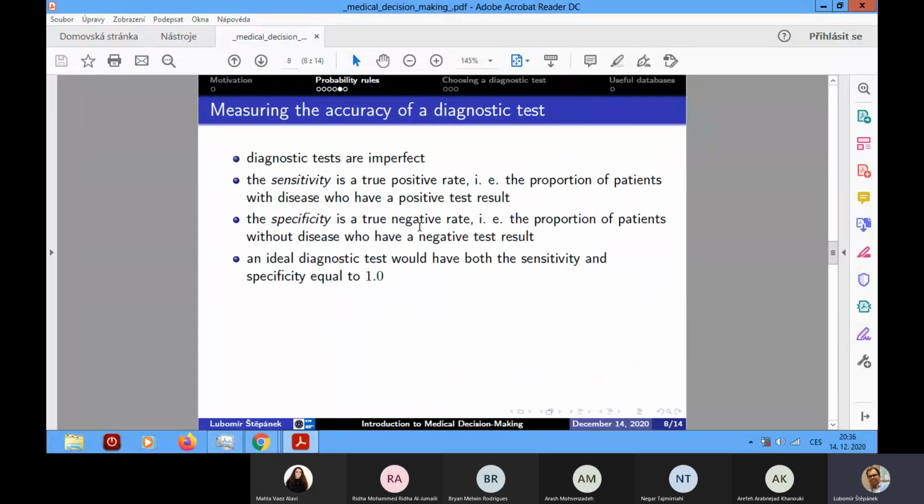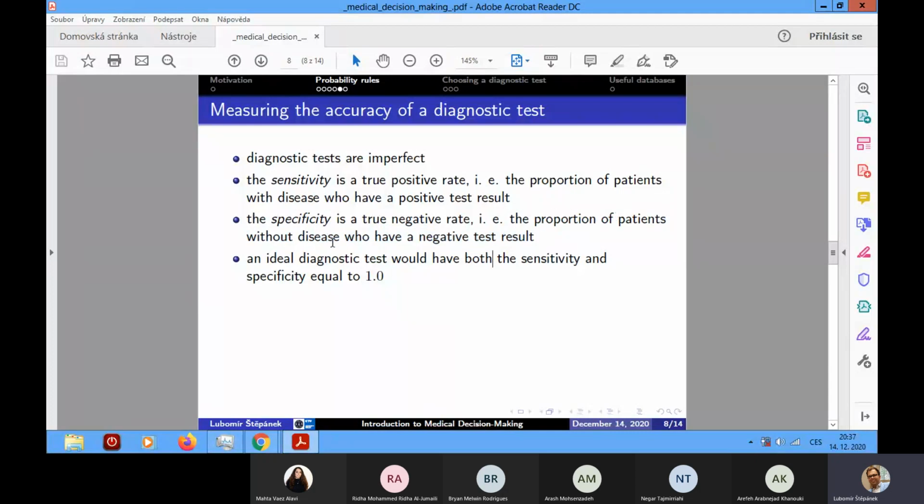If we know that the specificity stands for the true negative rate, so the proportion of patients without disease who have a negative test result, then one minus specificity stands for the proportion of patients without disease who have a positive test result. It's just a kind of complement to the universe of patients without disease.